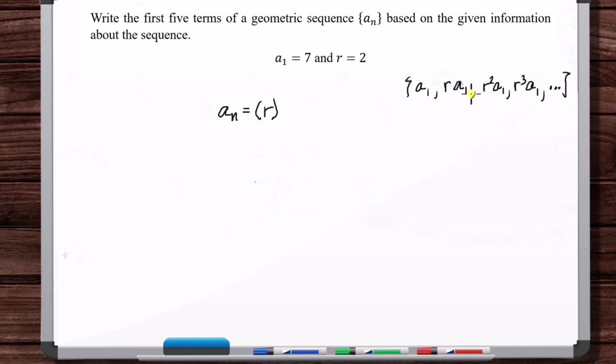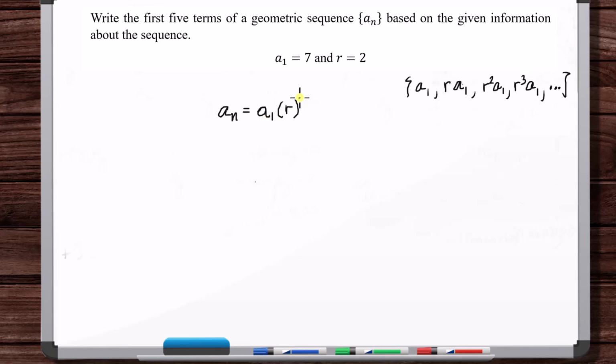So trying to write this out, we have an a1 in each term. So let's put a1, and then we've got r to what power? Well, for n equal to 1, we want to get a1.